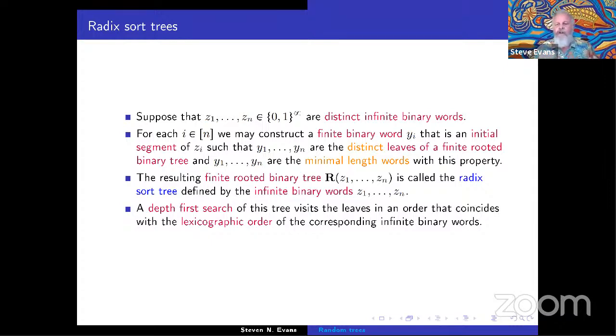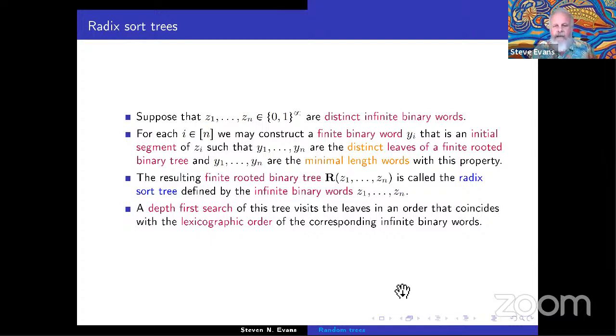So essentially what you're doing is chopping off the tails of z1 up to zn that contain information that you don't need to distinguish the z's from each other.